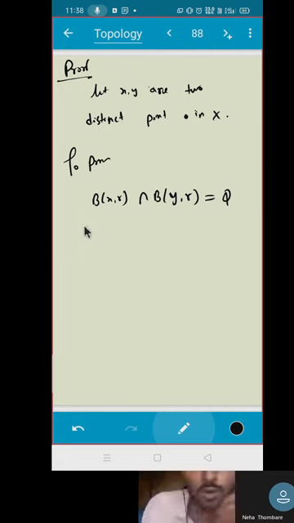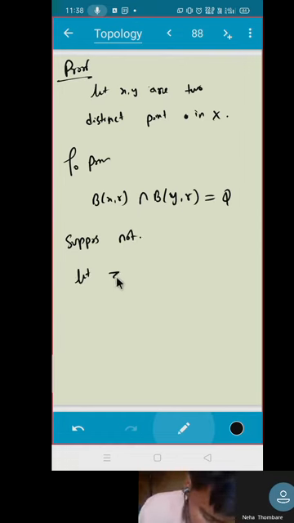We prove by the method of contradiction. Suppose not. That means let z belong to B(x,r) intersection B(y,r).